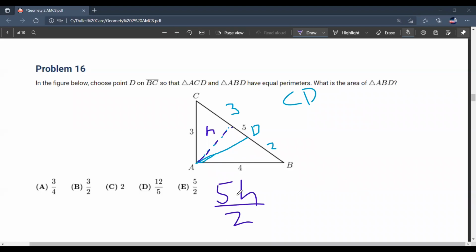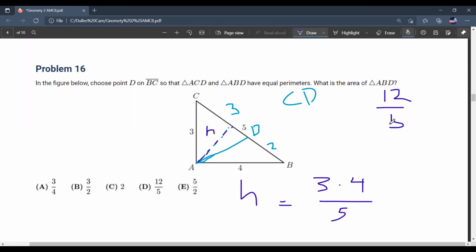So you basically find h using that, right? So you have 5h over 2 is equal to 3 times 4 over 2. So then we can find what h is. h is equal to 3 times 4 over 5, so 12 over 5.